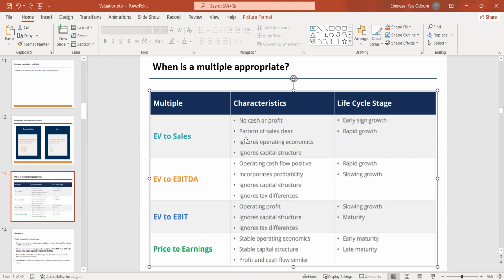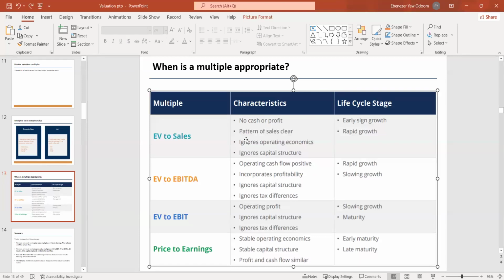But it is much recommended for companies probably at the early stages, but showing a very positive outlook. For companies like that, if you are using the EV to sales or EV to revenue multiple, then you may be on track, or your margin of error will be reduced.